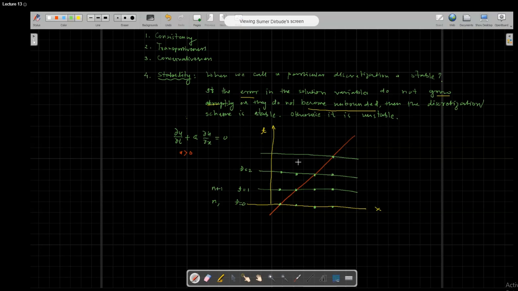By the property of the characteristic, they should ideally pass through these points. It is like this point is shifting in time, this point is shifting.